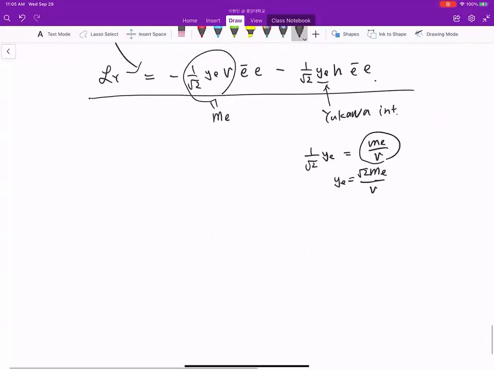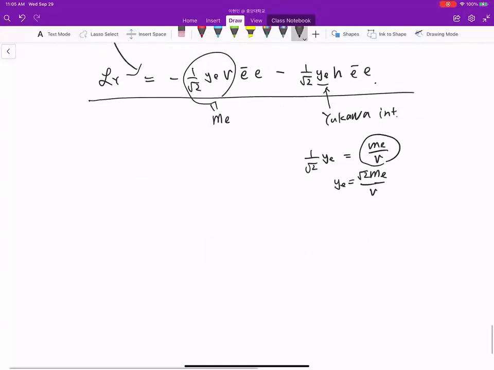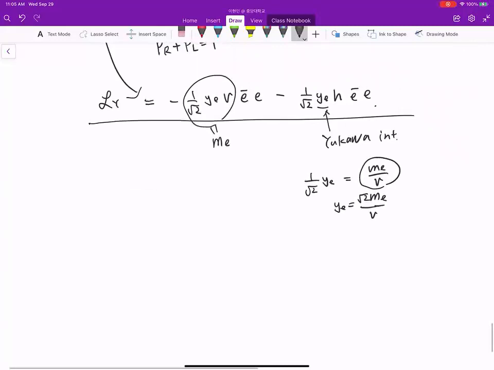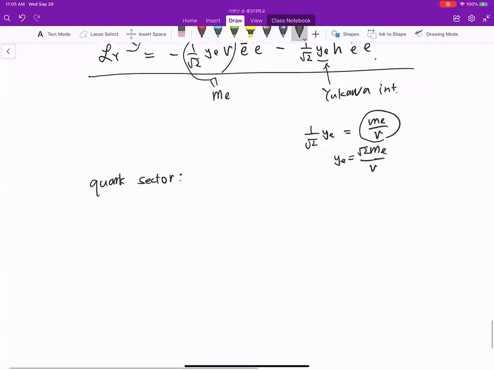This discussion can also be applicable to the quark sector. So the quark Yukawa coupling you can introduce in a similar way.